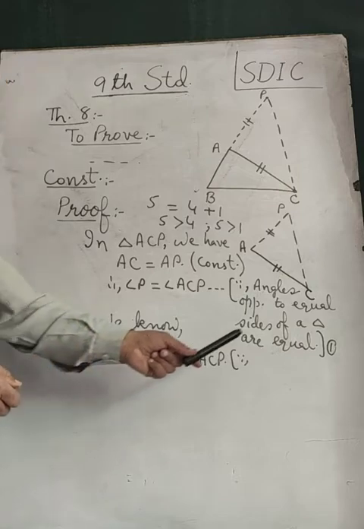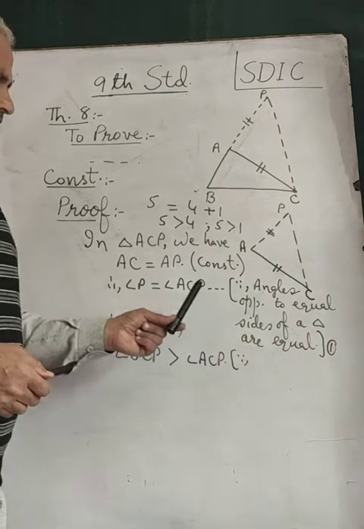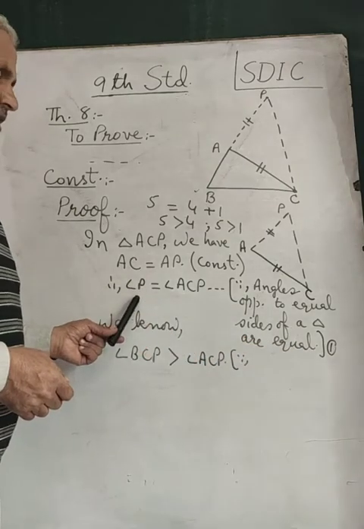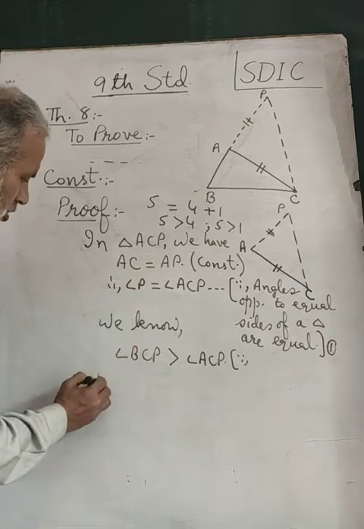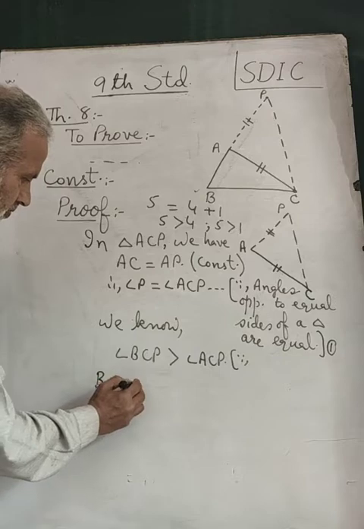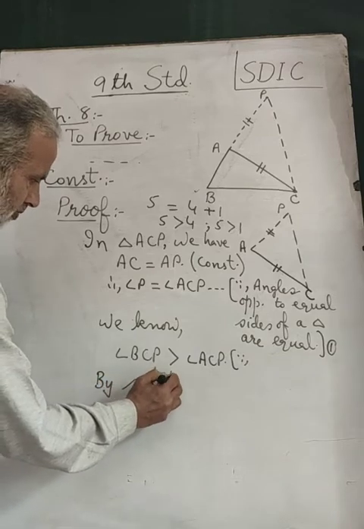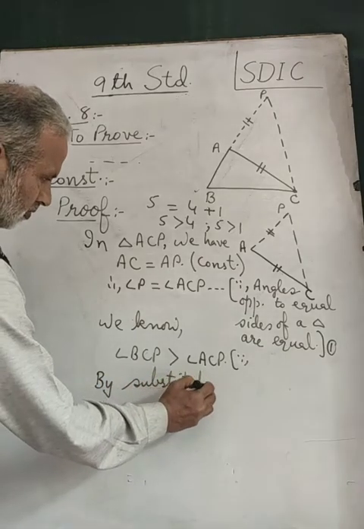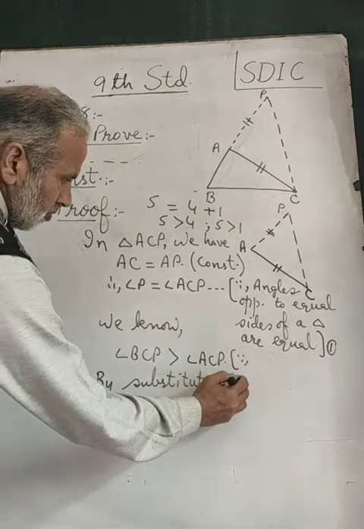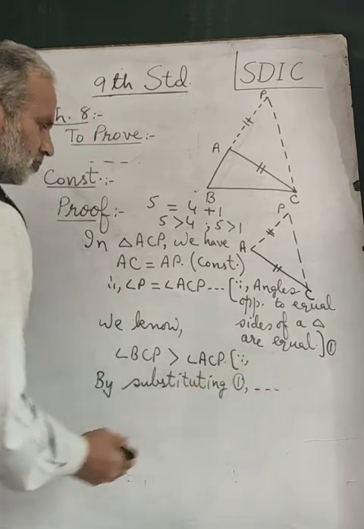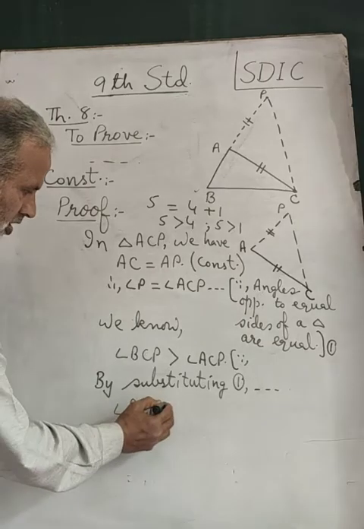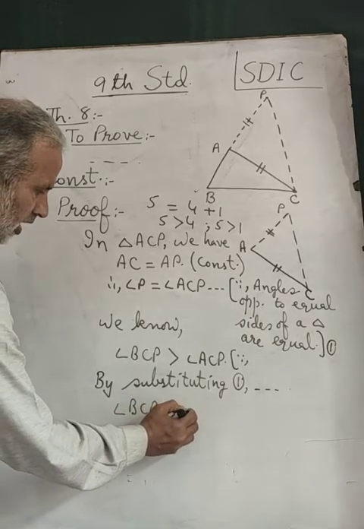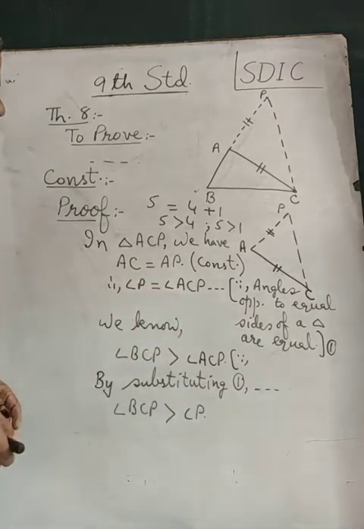In this result, we'll substitute first. Angle ACP we have already equal to angle P, so we'll replace angle ACP by angle P here by substituting first. We have angle BCP is larger than angle P. This is the result we get from here.